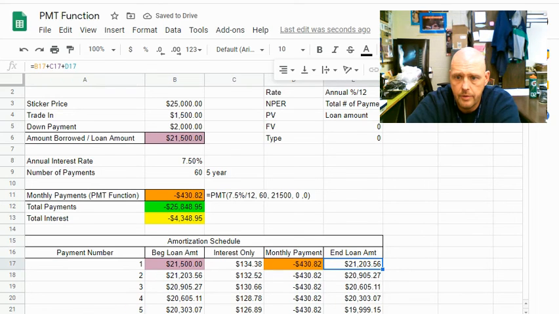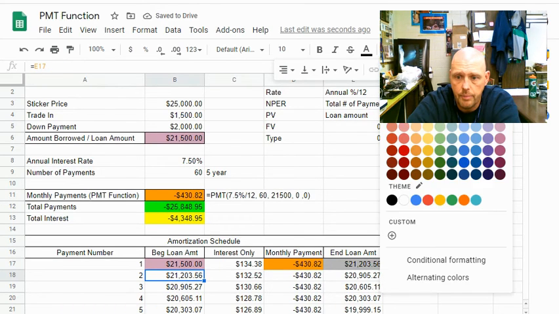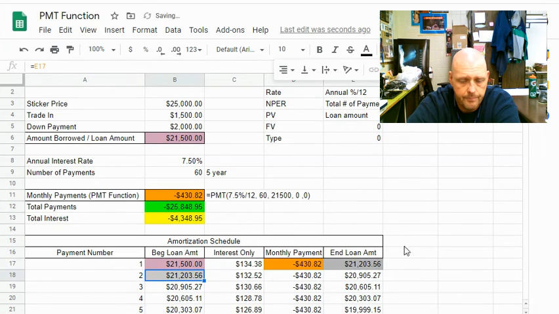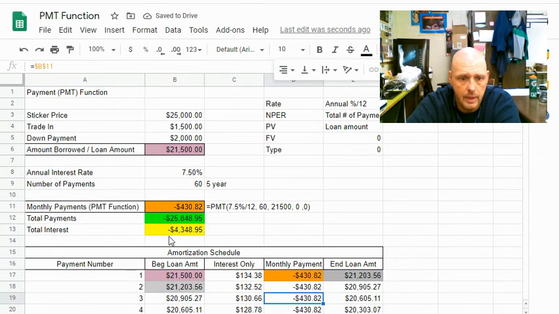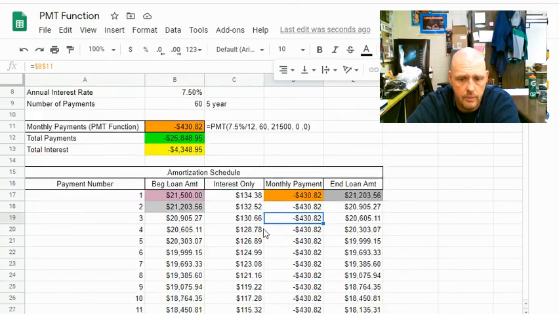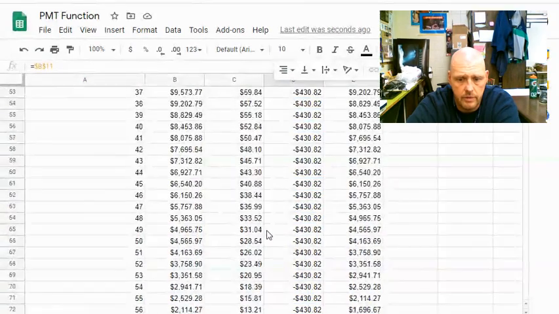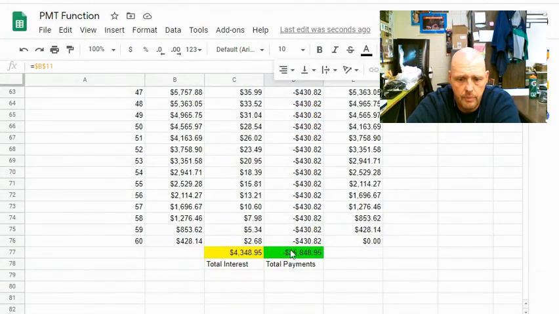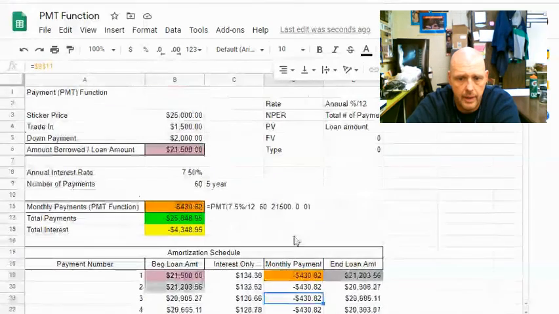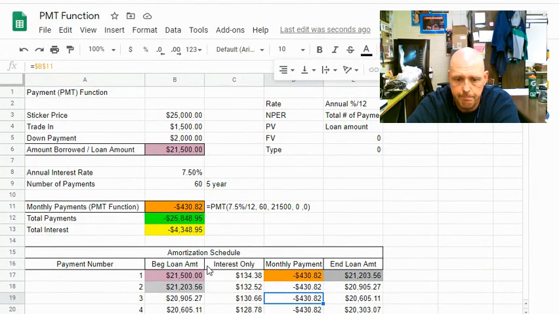Ending loan after the first payment, we'll change that to gray, which then becomes the beginning loan payment there. So as we're looking and proving between what I did up here in the payment function and what I did down here in the amortization schedule, I'm proving that these numbers both added up both sets of ways. All right? That is review of an amortization schedule.